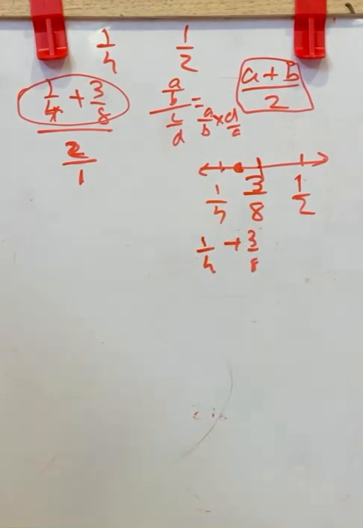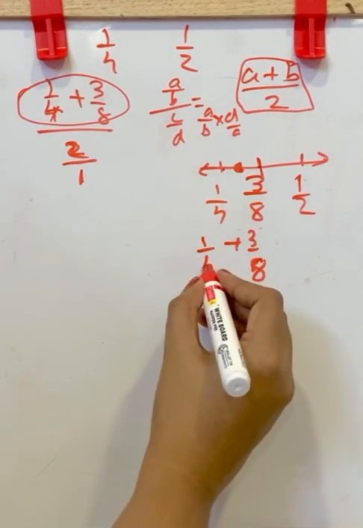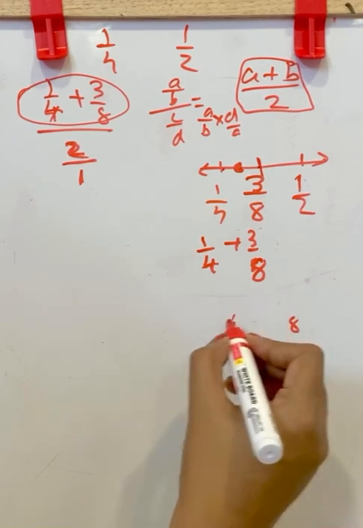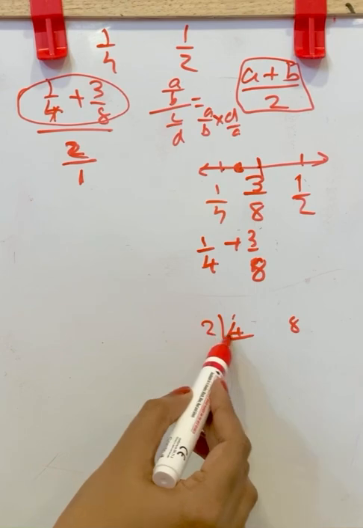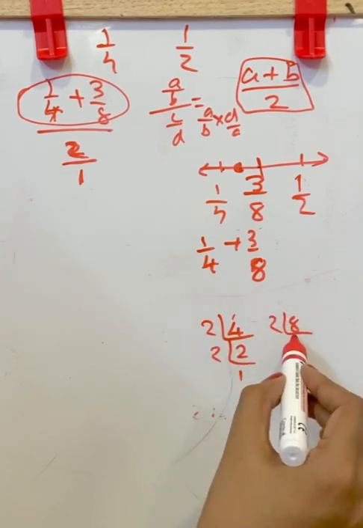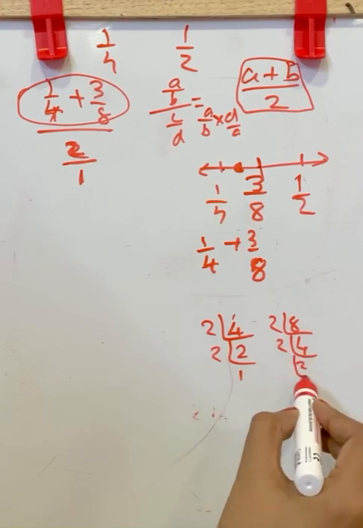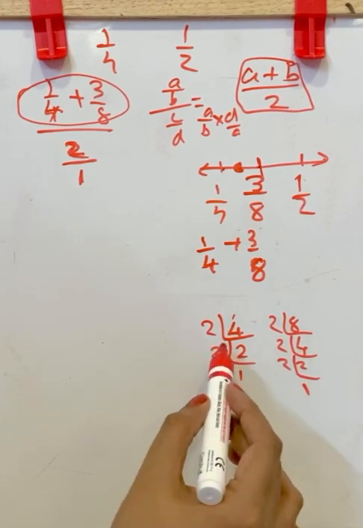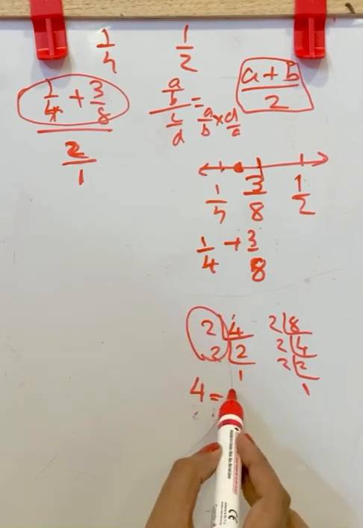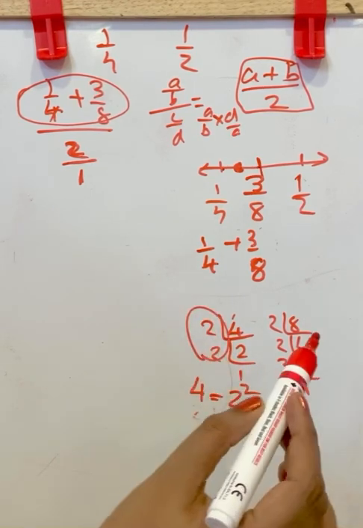Here 4 and 8. We have to find the LCM. 4, 8. 2 twos are 4, 2 ones are 2. Now 8, 2 fours are 8, 2 twos are 4, 2 ones are 2. Now 4 can be written as 2 into 2, 2 square.